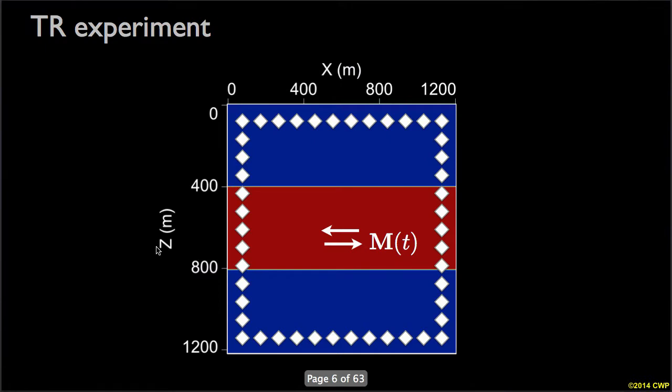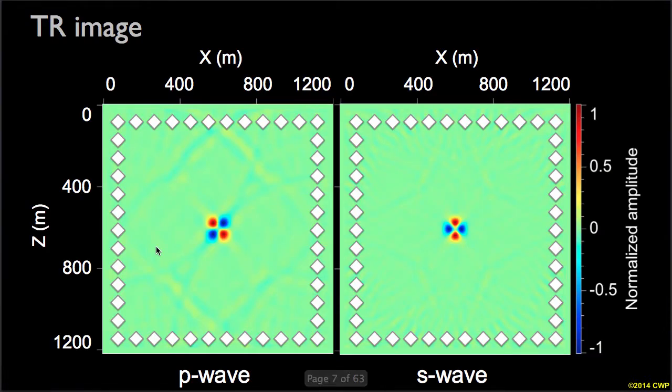Now, going back to our experiment, the source would generate energy, and this energy will be sampled by the multi-component receivers represented by the white diamonds as data. We take this data, we time reverse it, and we inject it back into the medium, and a new wavefield will be generated, and it will eventually collapse and focus to generate the source image.